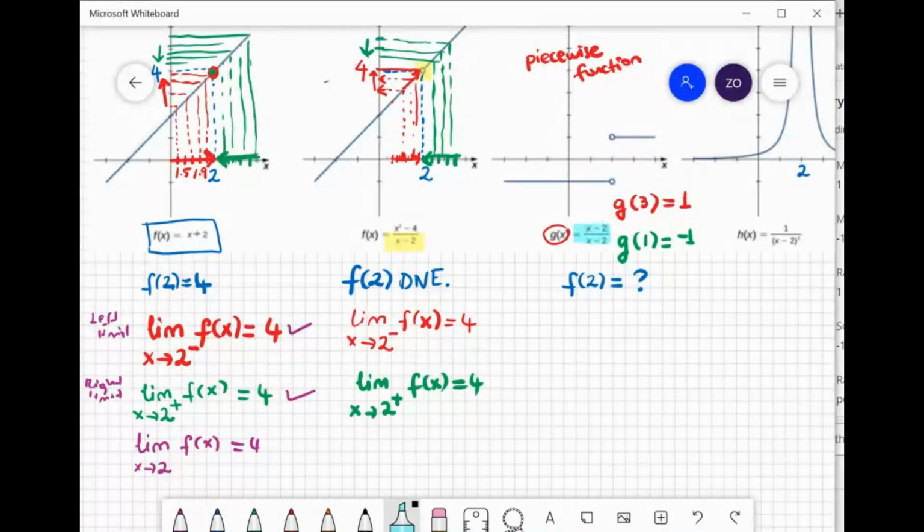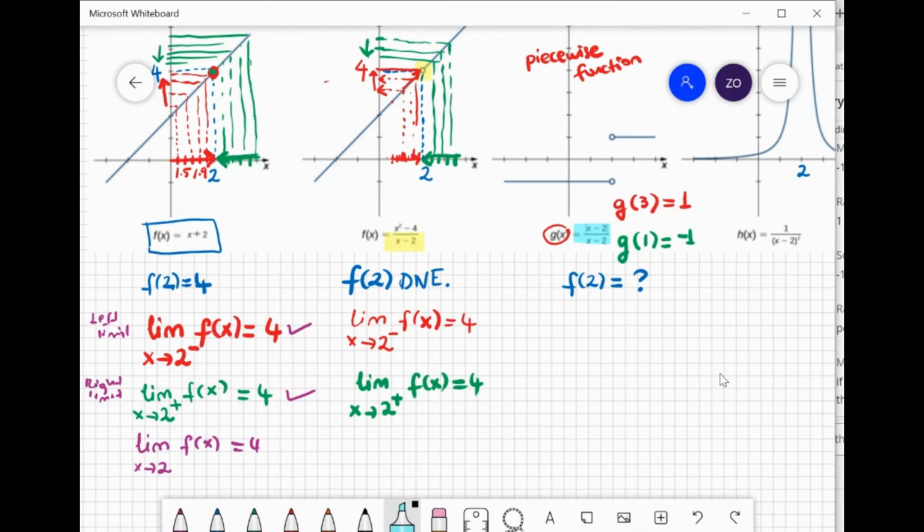So for this example, because we have the absolute value in the equation, x minus 2 will be positive when x is greater than 2, or when it is less than 2, it's going to be negative. That's why it changes.